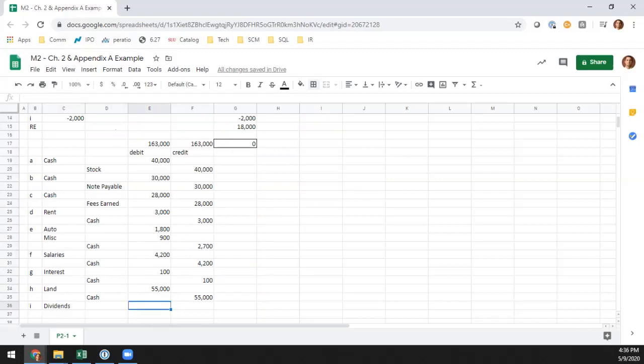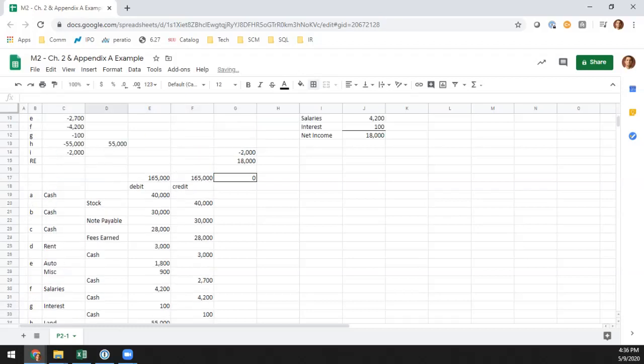And dividends are a component of retained earnings. So when we pay a dividend, it increases the dividend payment with the debit and decreases retained earnings with the debit. Okay, so we put 2,000 and we're going to say cash. And again, we decreased cash, so that'll be a credit.